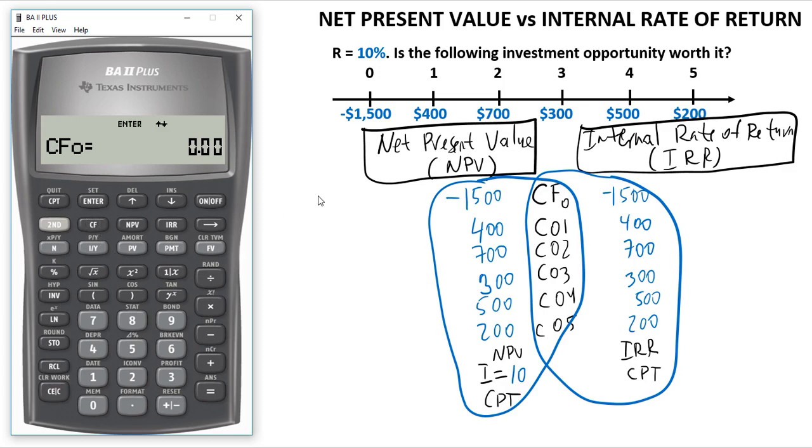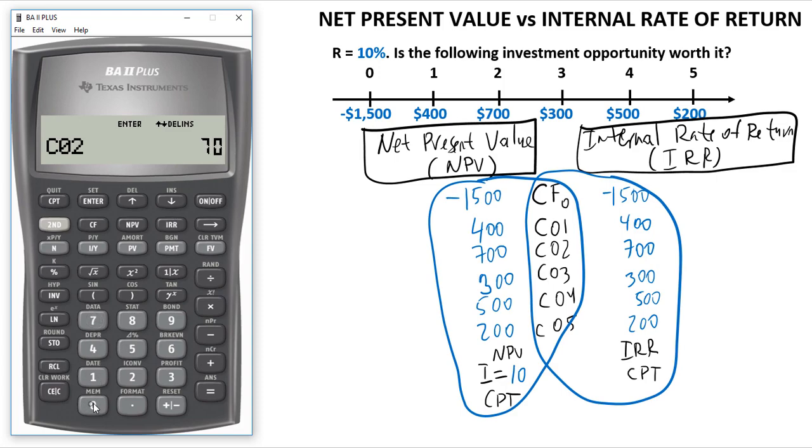Cash flow button, cash flow 0 is $1,500. To change it to negative, we press the plus/minus button and then press enter. Down arrow key. Cash flow 01 is $400. I press enter, down. It's only once in a row, so I leave the frequency at 1, the default value, and I press the down arrow for the second time.